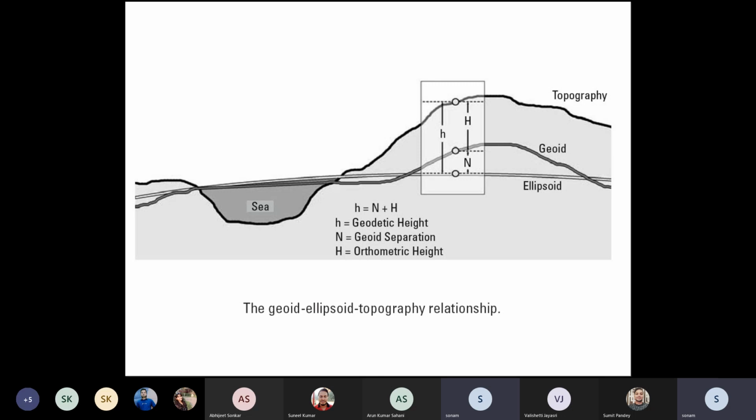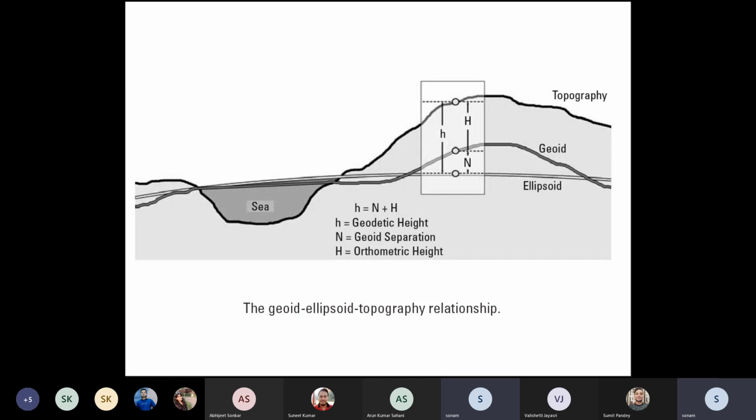At those places this may not be correct, but in general terms, in both cases it is called the orthometric height.